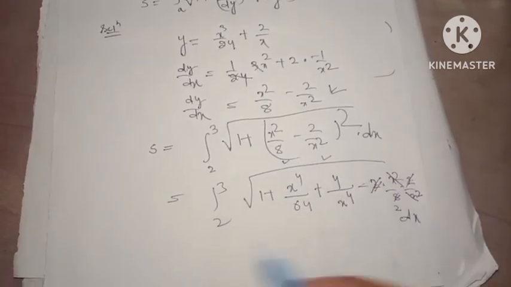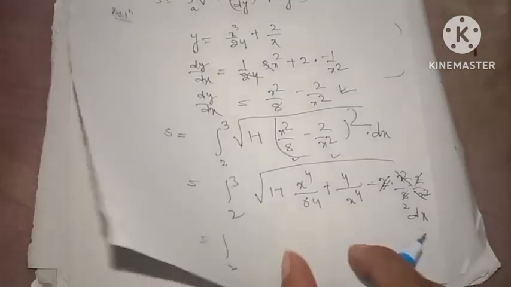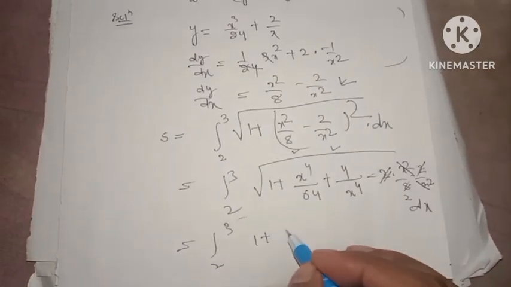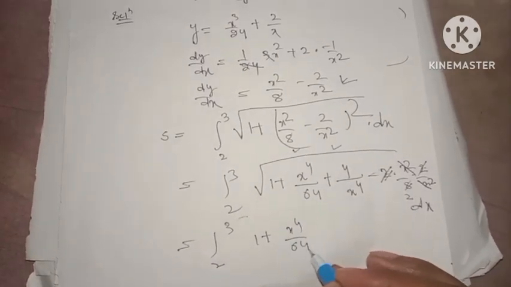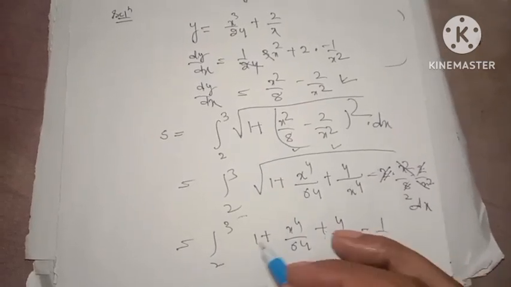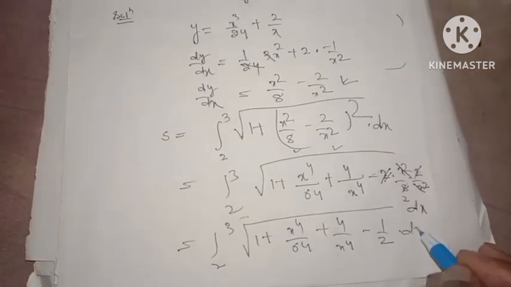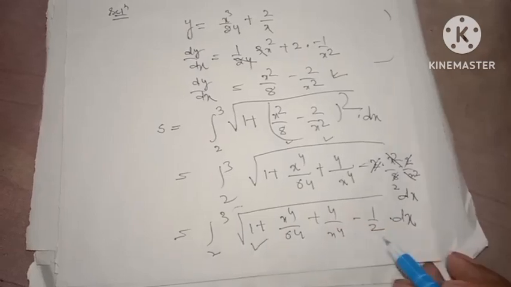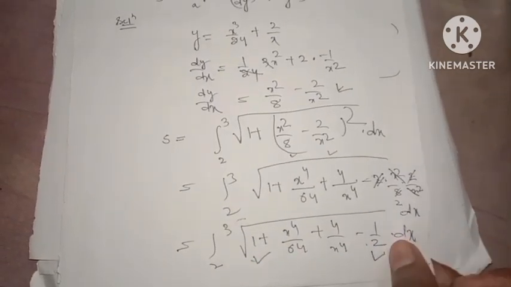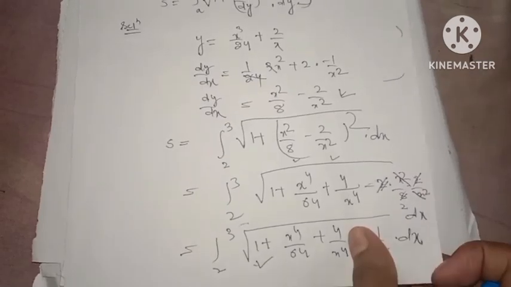with respect to dx. Then integration from 2 to 3, this is 1 plus x to the power 4 over 64 plus 4 over x to the power 4, minus 1 by 2, root, with respect to dx. This is the 1, this is the minus 1 by 2. So 1 minus 1 by 2 is 1 by 2.